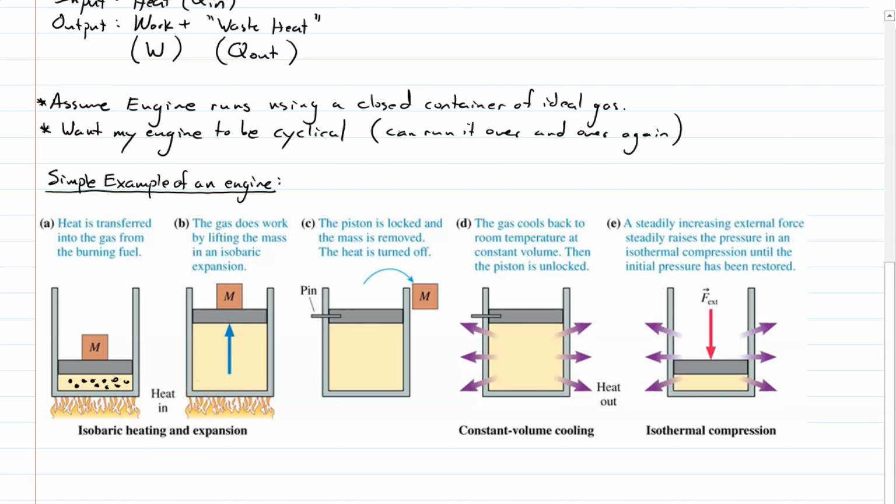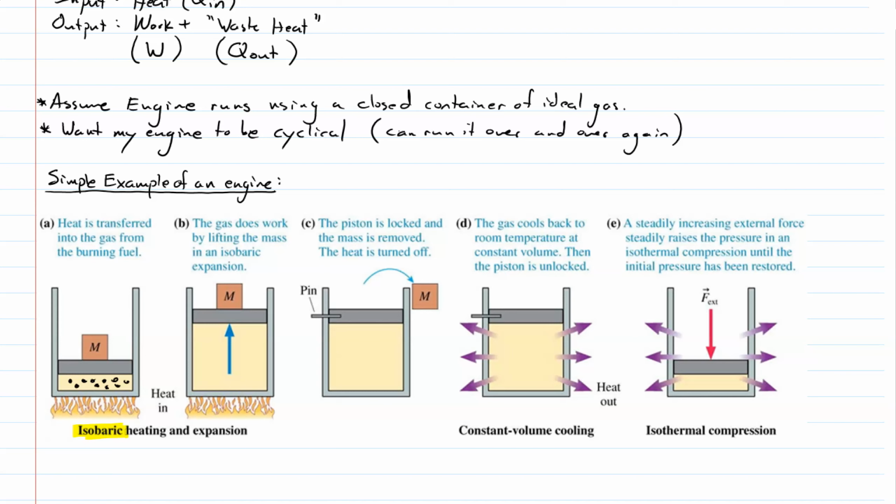So this is an isobaric heating. So the piston is able to expand. As I add the heat, the volume will expand, keeping the pressure constant as the temperature goes up in the ideal gas, okay? So that's where the gas is doing work. It's expanding, pushing that mass upward, that is doing work.